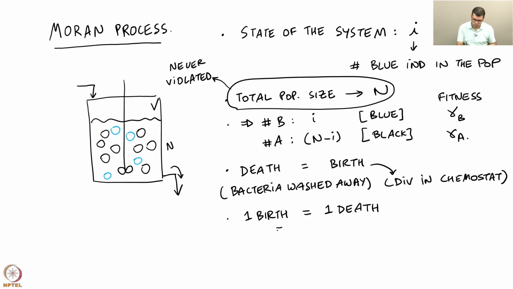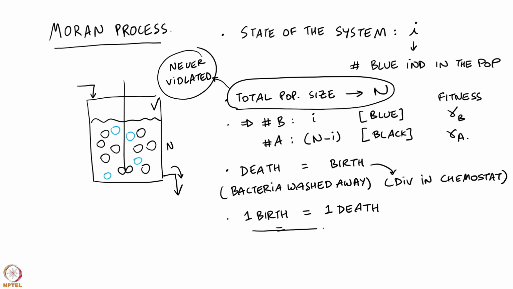If only birth took place, then the population size would go to n plus 1, in which case this would be violated, or if only death took place, then the population size would go to n minus 1, again that would be violated. So, the assumption here is that one new individual is born and one individual is washed away from the system at the same instant. So, the population size always remains constant.